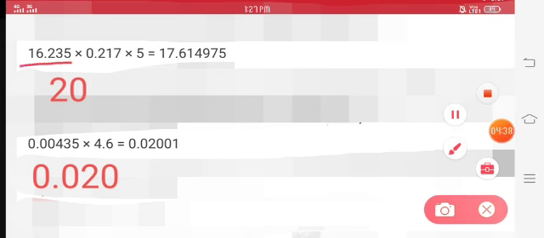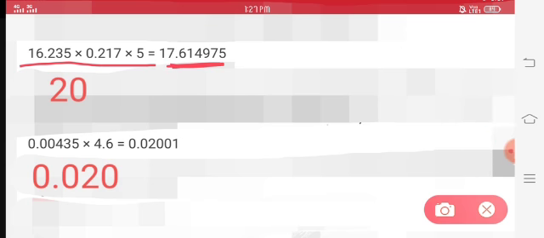In multiplication and division, the final result should retain as many significant figures as there are in the original number with the least significant figures. See here, you have to multiply these numbers, and we get the result as this. Now you have to notice that the least significant number is 5, which has one significant figure.